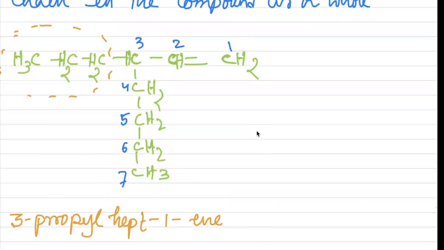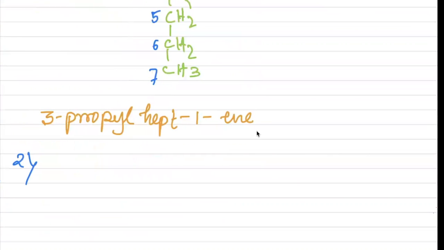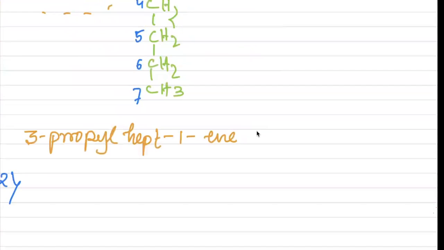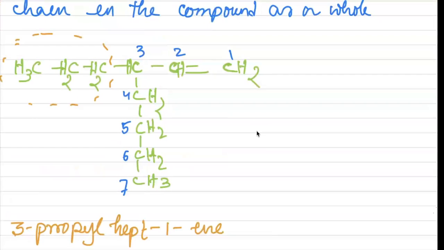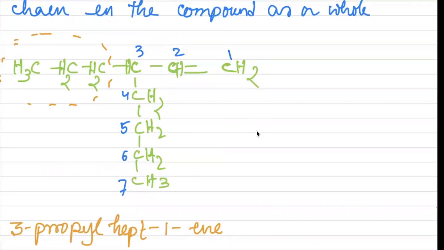If the double bond is present between the second and third carbon atom, then the name is 3-propyl hept-2-ene. This is carbon atom 1, this is carbon atom 2. So this number you have to mention in the nomenclature. Clear?